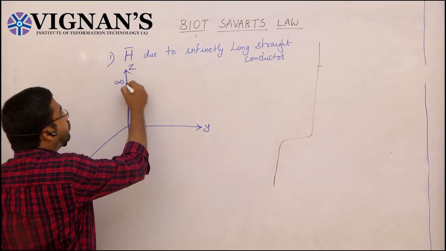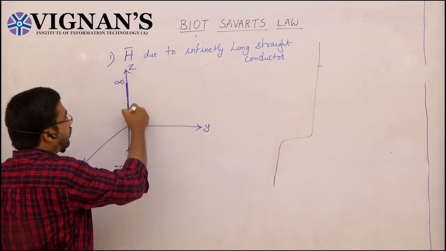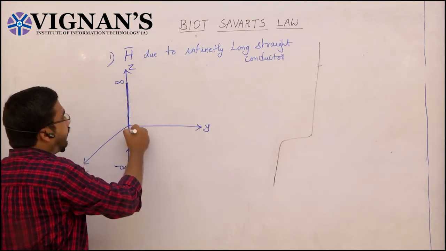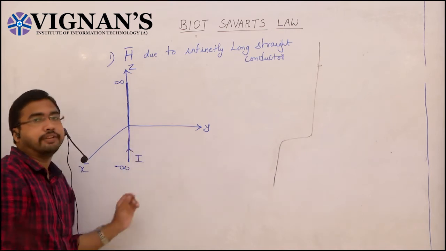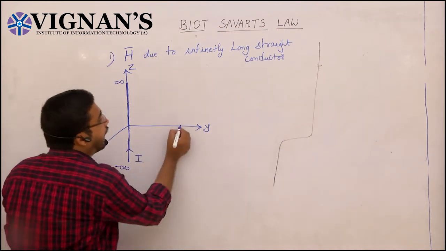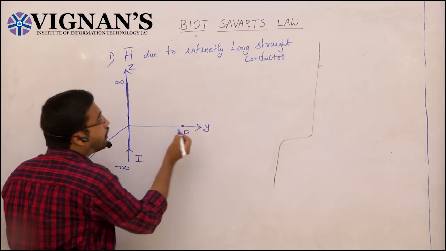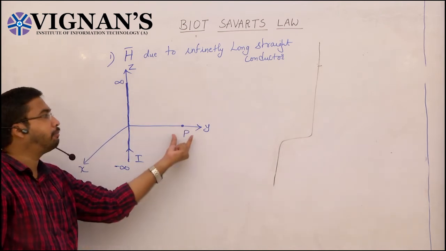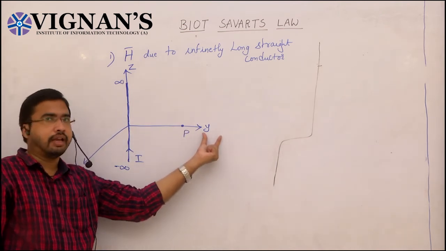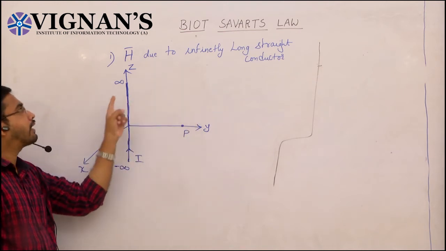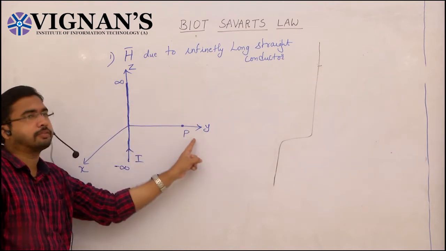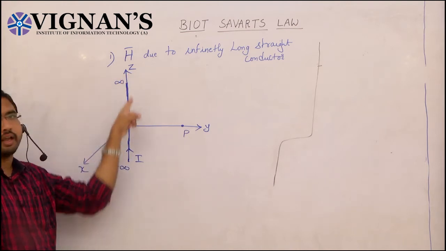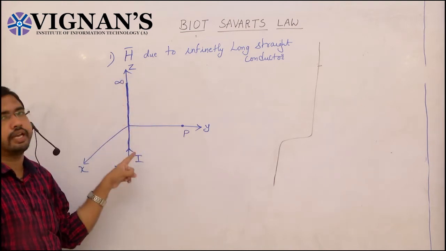Now due to this current carrying conductor, I want to find the magnetic field intensity H at a point P which is on the y axis. I am considering a point P on the y axis.